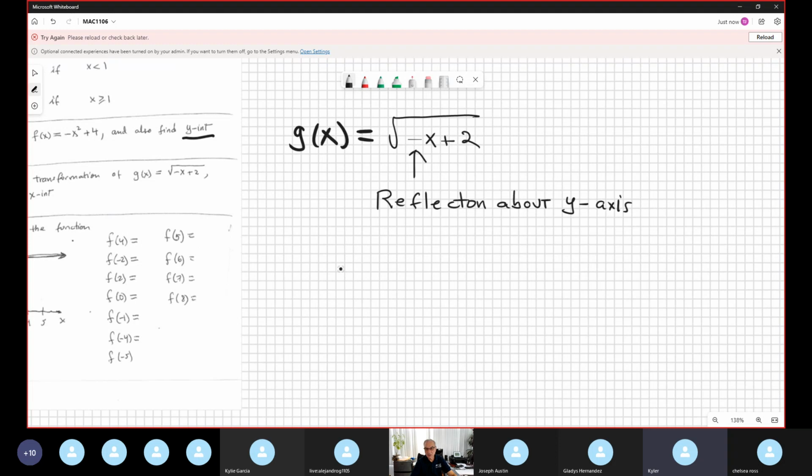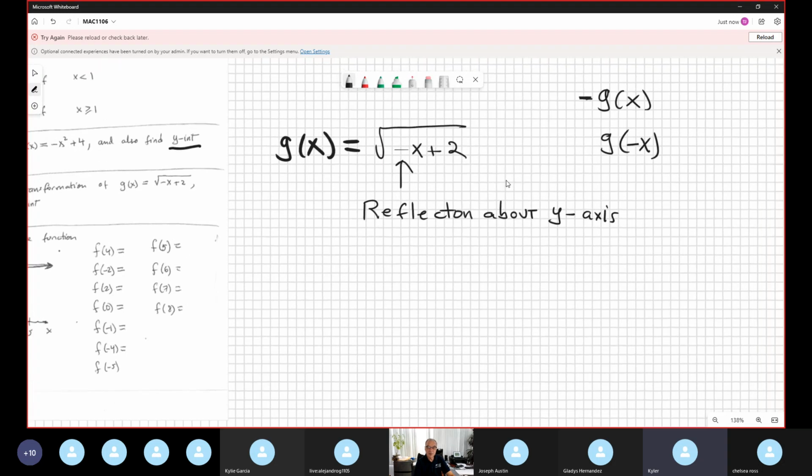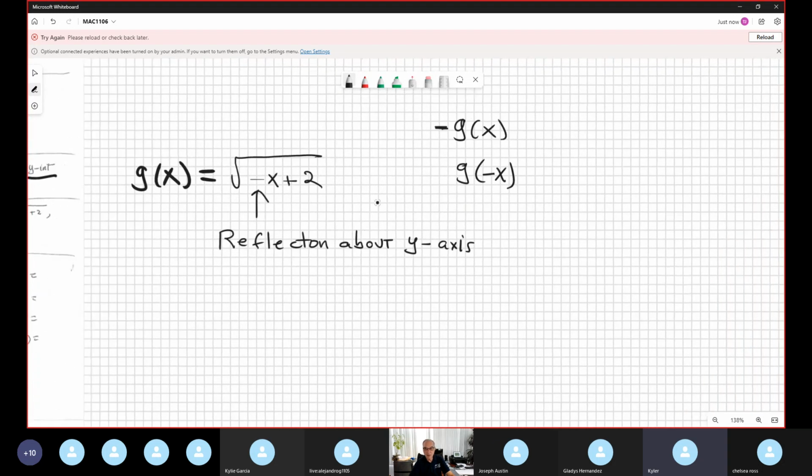Because it's inside. You need to understand that this reflection, where you put a minus outside, is different from this reflection, where you put a minus inside the parentheses. This one is about x, similar to what we were doing before, and this is about y.